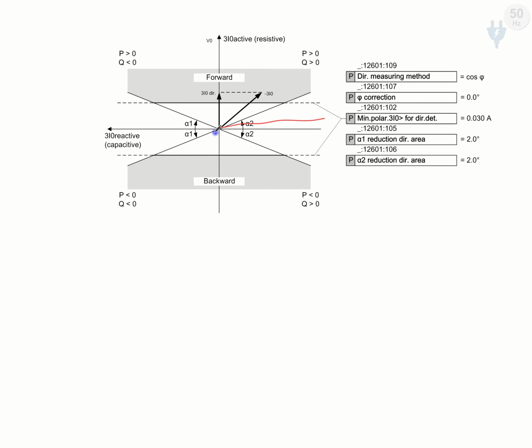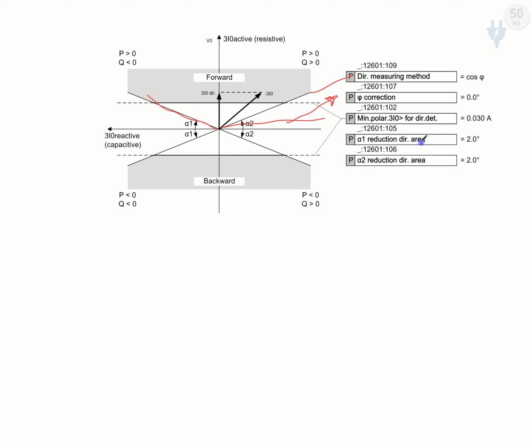So we give an axis here, two axes. If the I0 is like in here, then it will not pass this axis and it will not determine that it is in the forward direction. Also for alpha 1 the same.